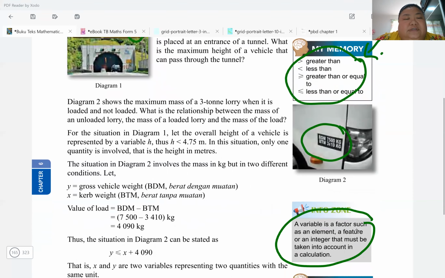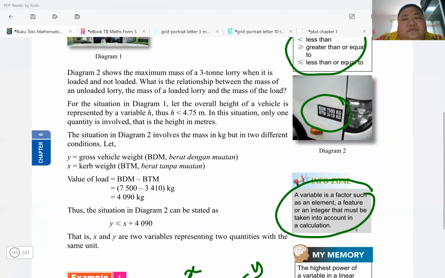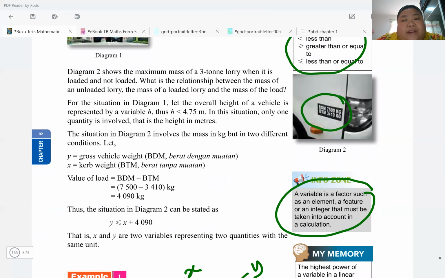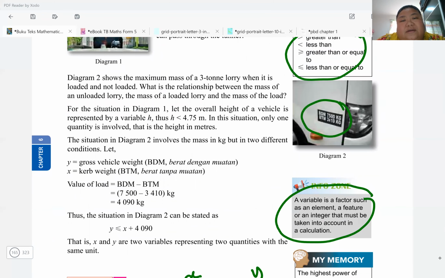If you see diagram 2, we have two types here, BDM and BTM. BDM is berat dengan muatan, or gross vehicle weight, and BTM is curb weight, that is berat tanpa muatan. If you want to know the weight that you can carry in this 3-ton lorry, it will be the gross vehicle weight minus the curb weight, so that will be 4,090 kilo.